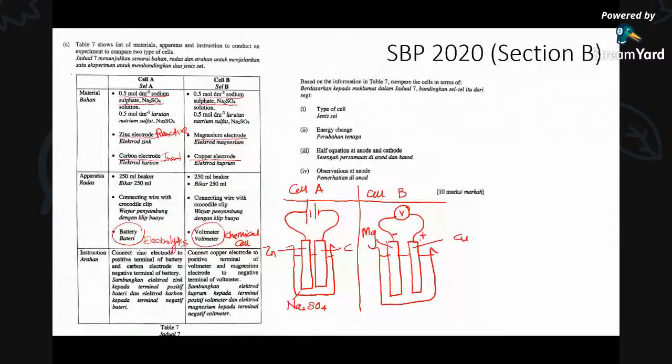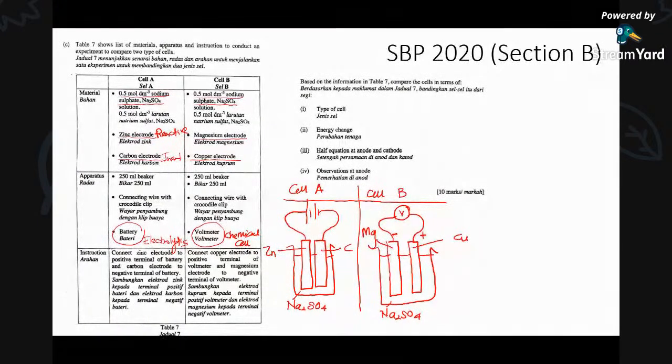So this is positive terminal. Correct. According to what we will also predict, the more reactive metal will be the negative terminal. The less reactive metal will be the positive terminal. So magnesium is more reactive, negative. Copper is less reactive, positive terminal. Okay, and the solution used over here is also Na2SO4.